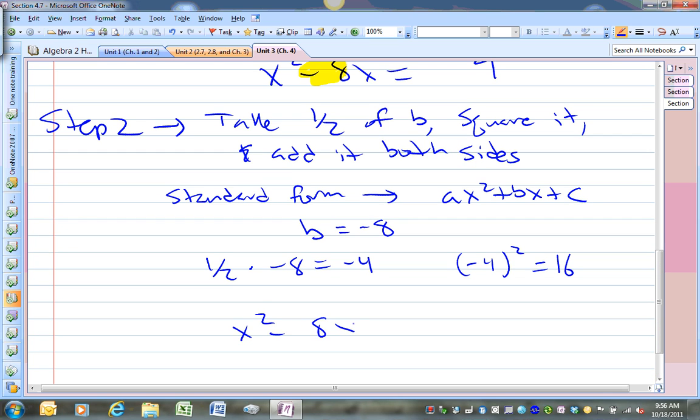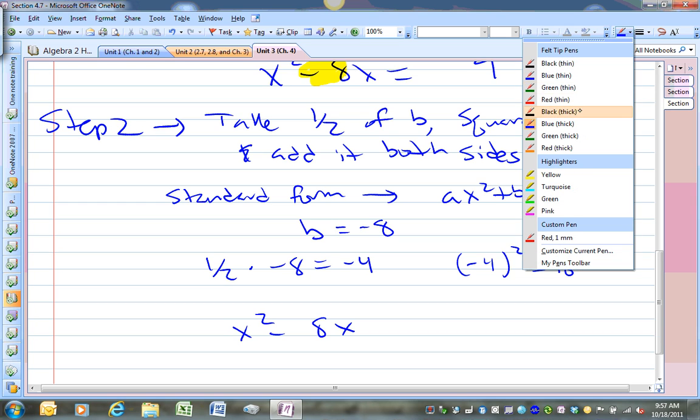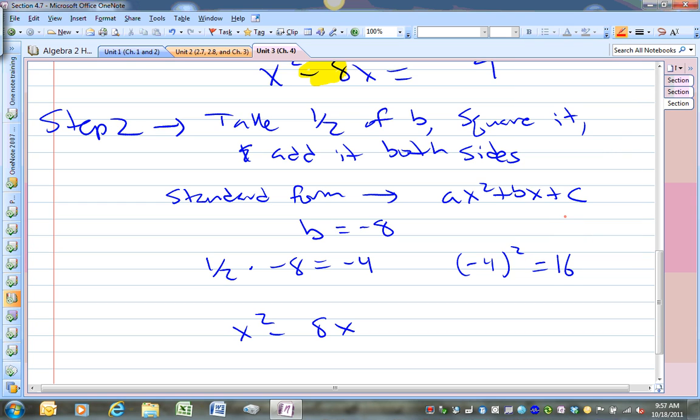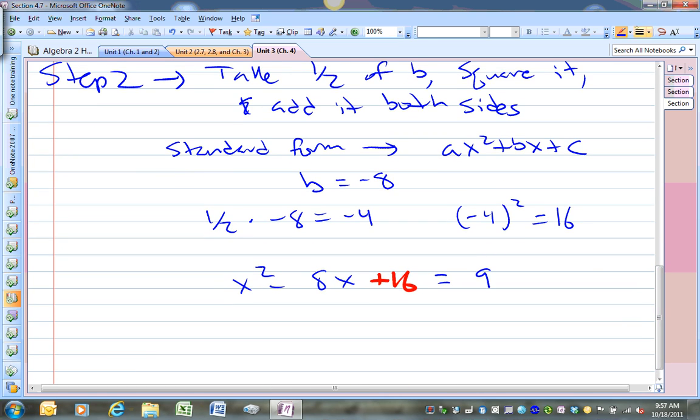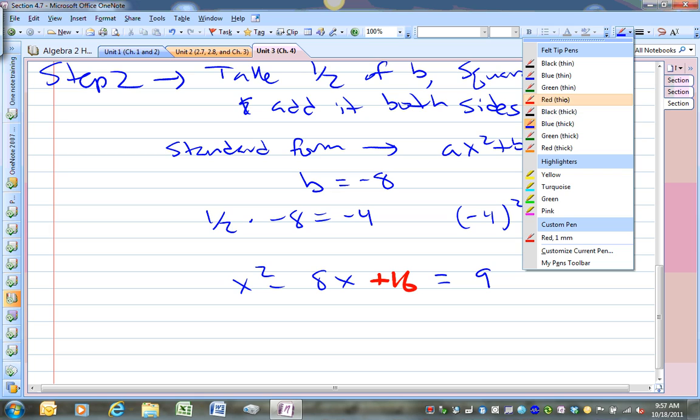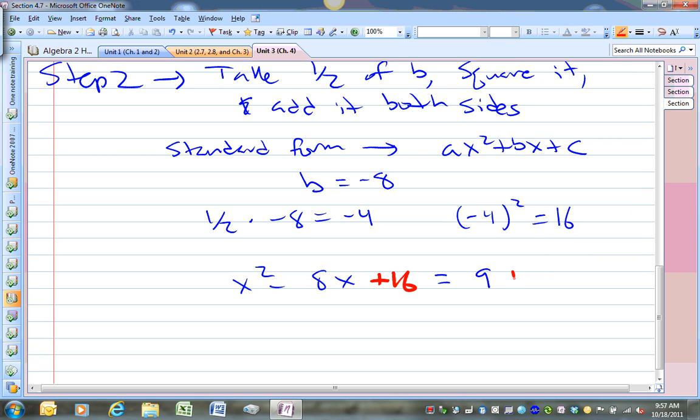So x squared minus 8x plus 16 equals 9 plus 16. So basically we got this: x squared minus 8x plus 16 equals 25. Now step 3.